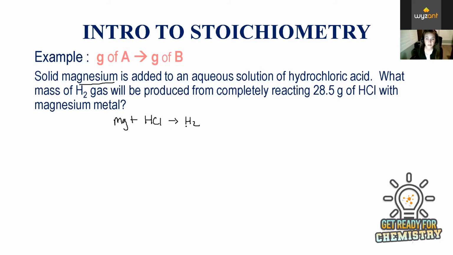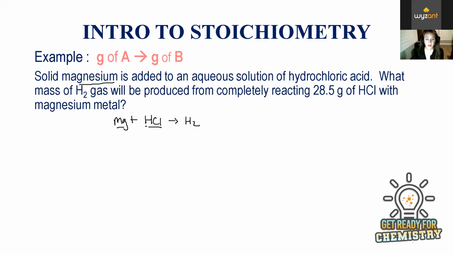So the first step to every stoichiometry reaction, if it's not done for you, is to write out and balance the equation, because that tells you your recipe, basically, your ratios of all of your elements and your moles. So what type of reaction does this look like? This is a single element and a compound, so you might guess that it's a single replacement or displacement reaction.